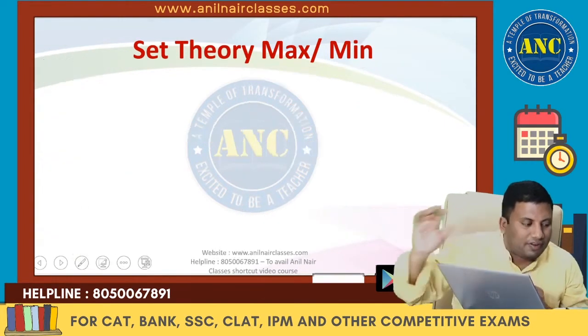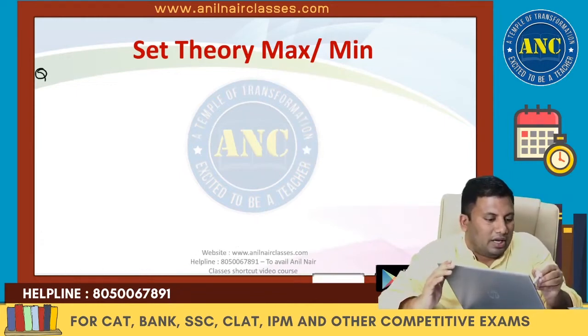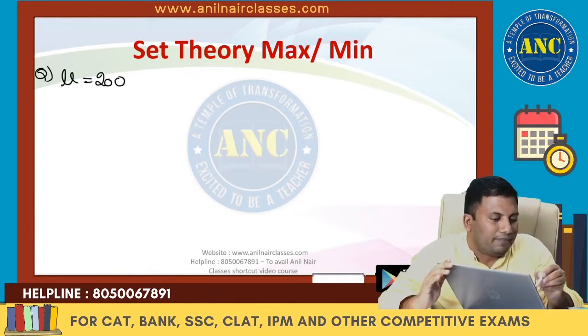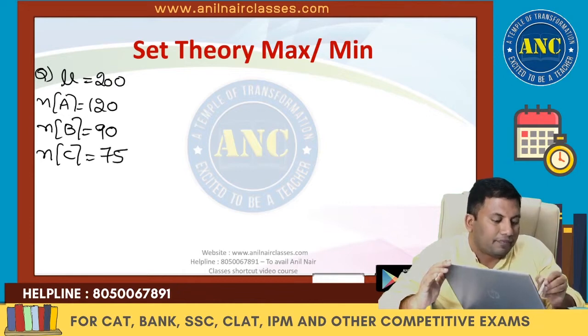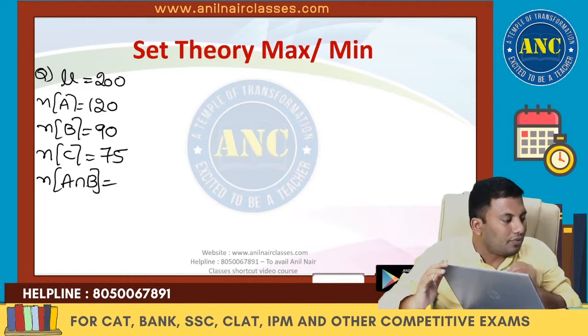Question. First question. Let me tell you the values. Mu is nothing but 200. N of A is nothing but 120. N of B is nothing but 90. N of C is nothing but 75. N of A intersection B is nothing but 50.